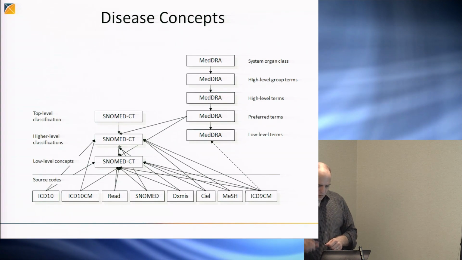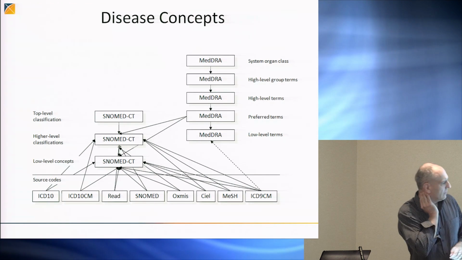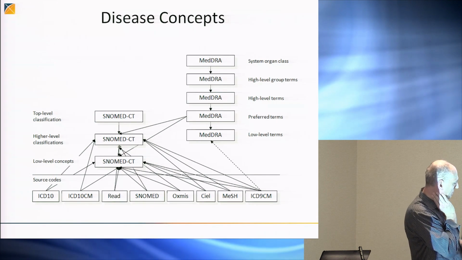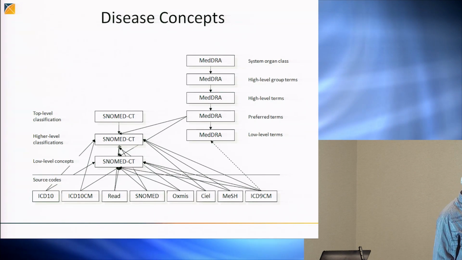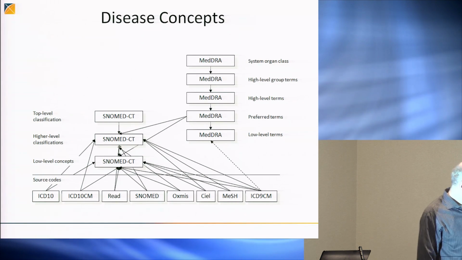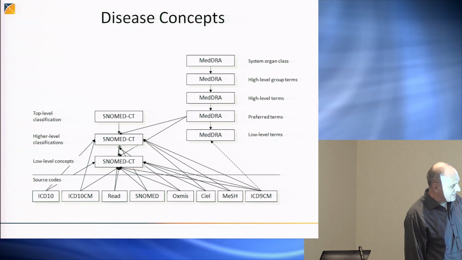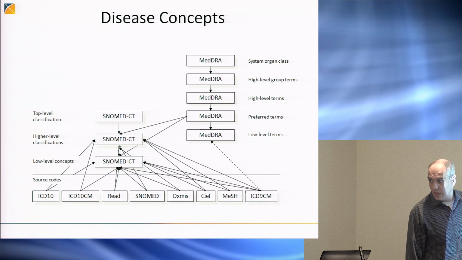Okay, so how do these concepts all fit together? We have the source codes. This is what they use to define conditions in the data that you have. ICD-10, ICD-10-CM. We always say ICD-10, but we mean ICD-10-CM.